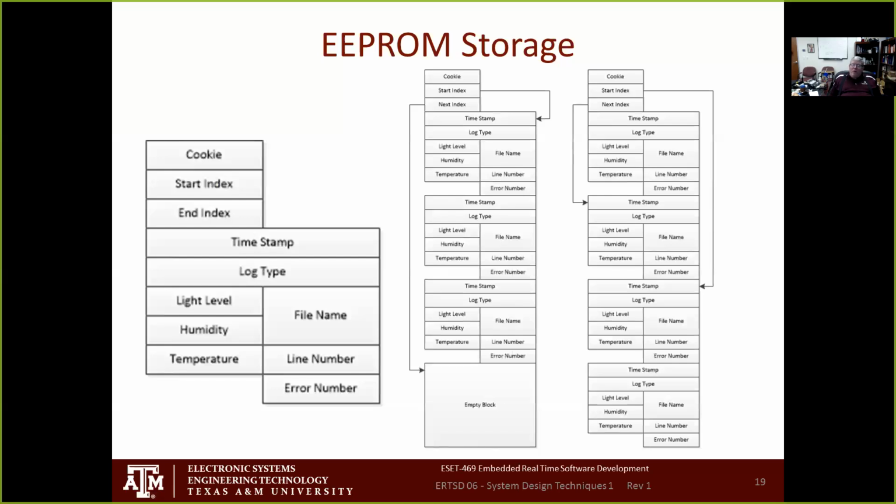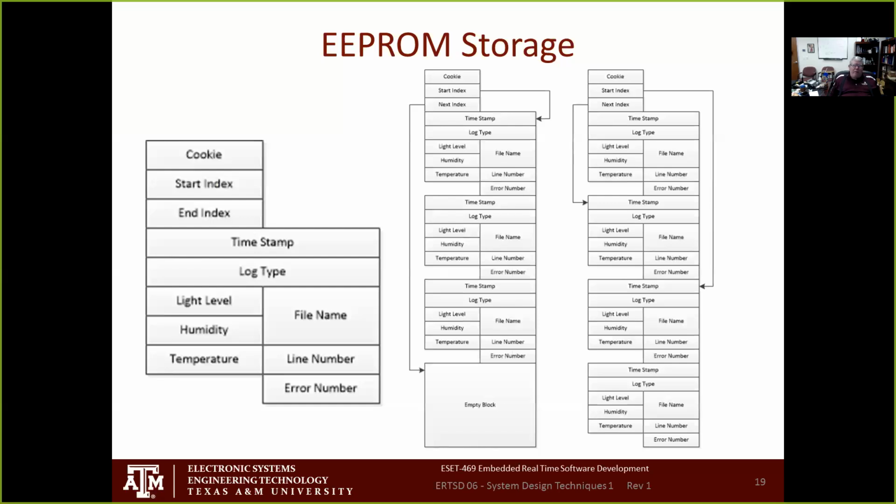What that means, though, is that if I want to invalidate my cookie without having to erase everything in my EEPROM, I could write a 0 out to the cookie. So 0 is probably not a good idea for a cookie. So I might pick a value like 85. I might pick a value like 23 hex.